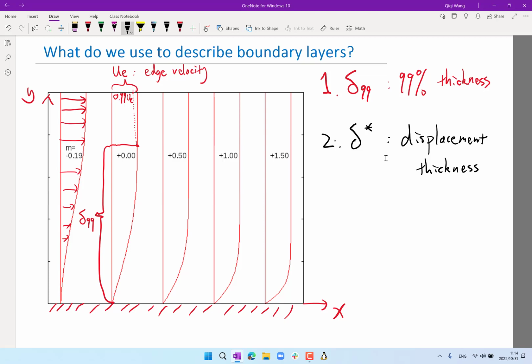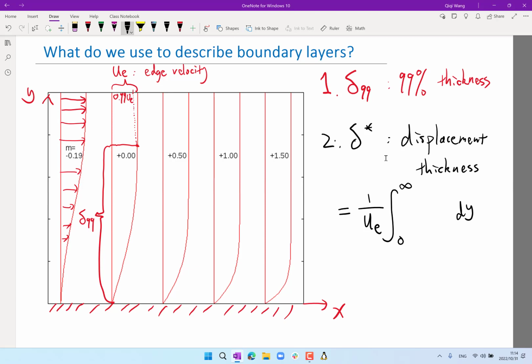So delta star is equal to an integral over y, which is the wall normal direction, of 1 over ue, which is the velocity at the edge of the boundary layer, times ue minus u. The theoretical definition goes all the way to infinity.